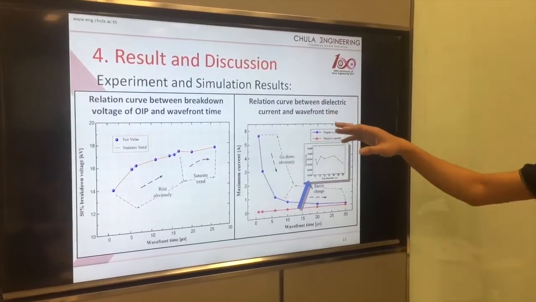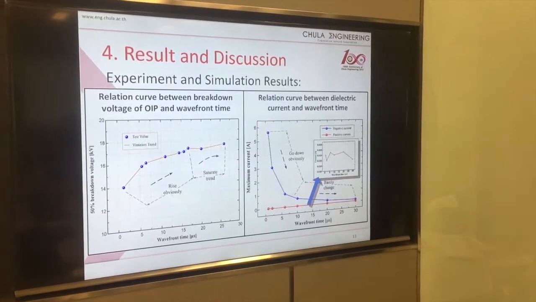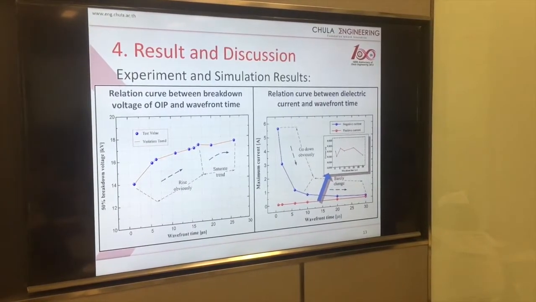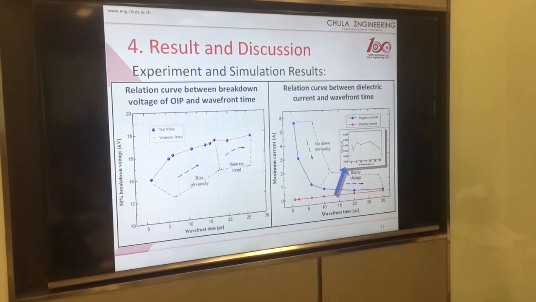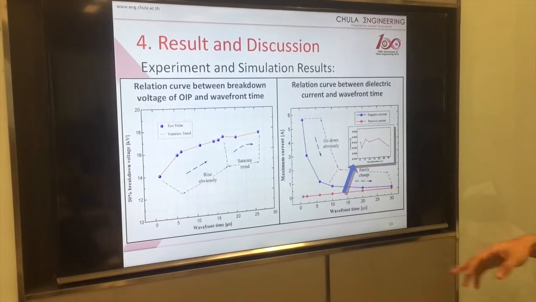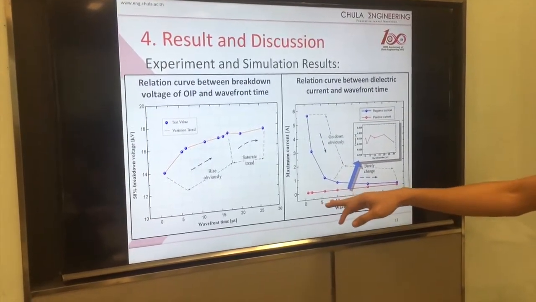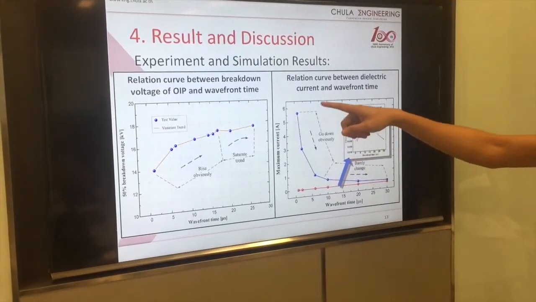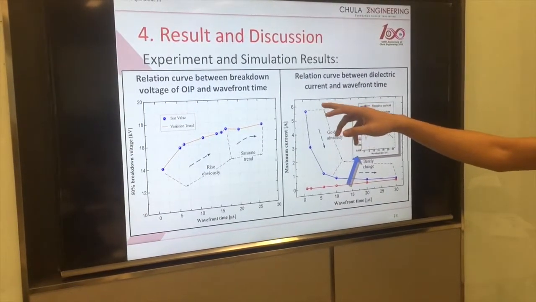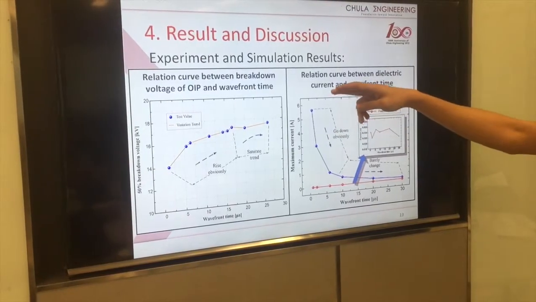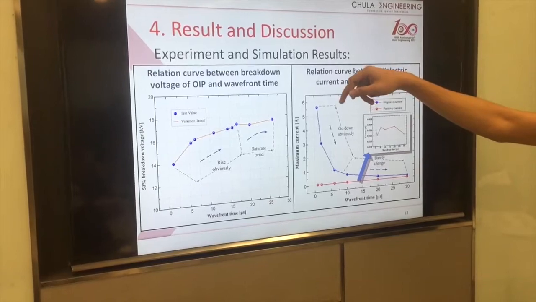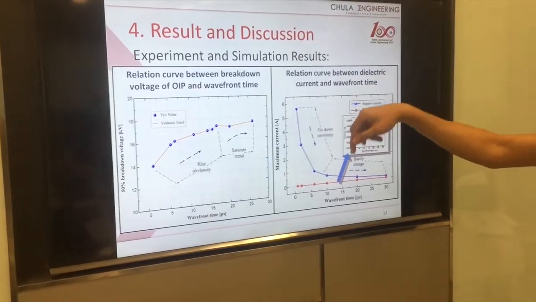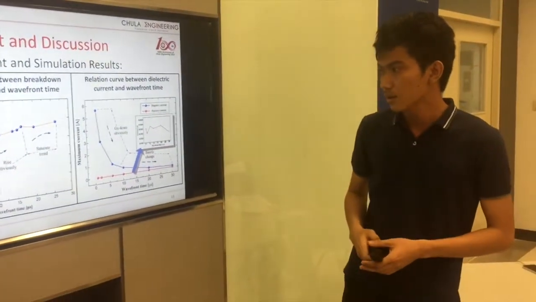The simulation result also shows a strong relationship: wavefront time has a greater impact on the dielectric current. When the wavefront time rises, the dielectric current that occurs during the lightning strike goes down, obviously a fast downward trend.